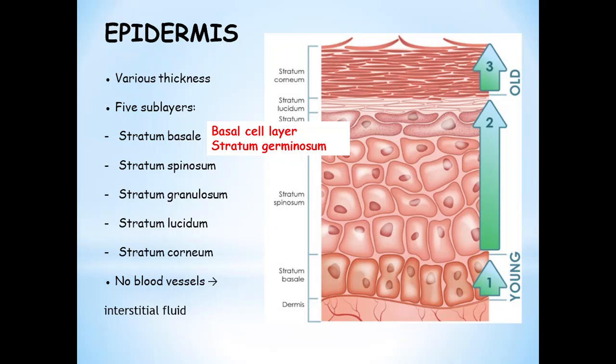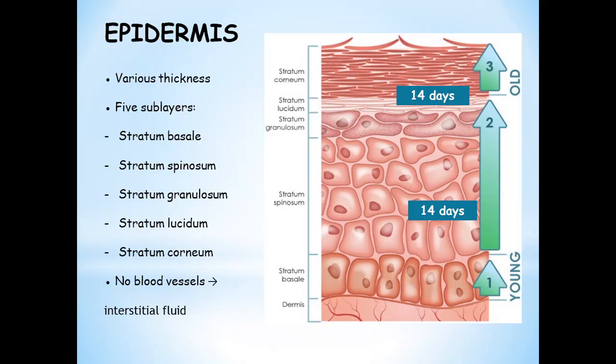The time required for a basal cell to divide, differentiate, and move to the stratum corneum is 14 days. And then we'll need about 14 days for it to form into scale and fall off. Thus, the total time to regenerate the entire epidermis is approximately 28 days.